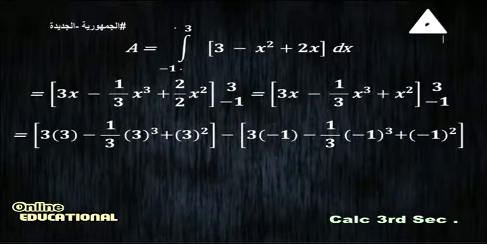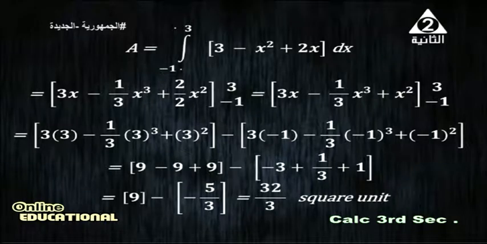The first bracket 9 minus 9 plus 9, minus the second bracket negative 3 plus third plus 1. Then 9 minus negative 5 over 3 equals 32 over 3 square unit, which is the area of the region bounded between the curve y plus x power 2 equals 6 and the straight line y plus 2x minus 3 equals 0.